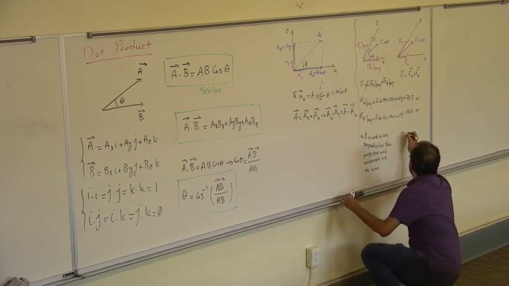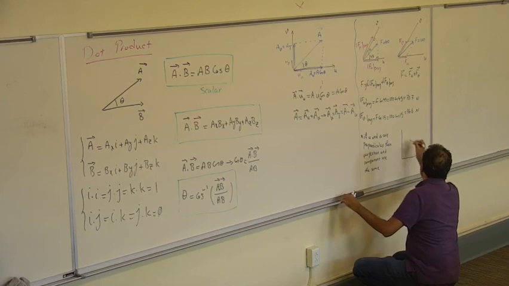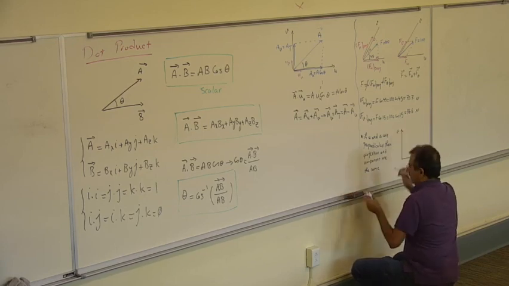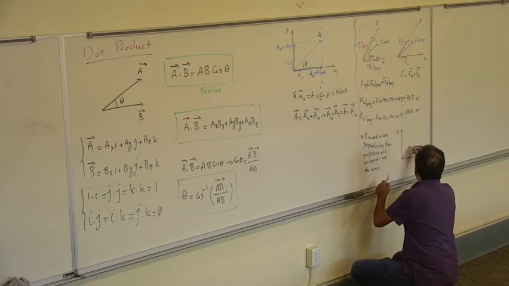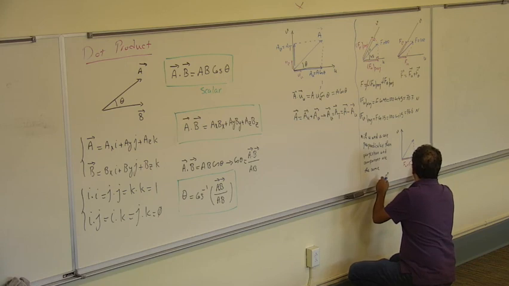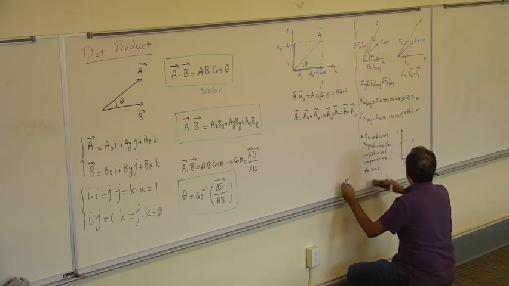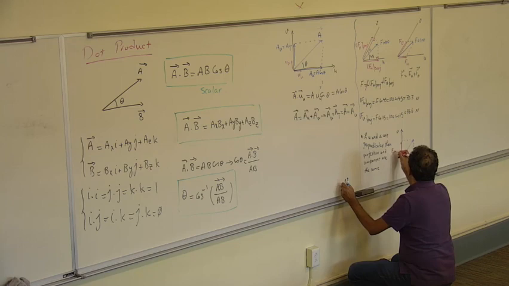So, in other words, if I have it like this, say U, V, and F, in that case FU would be the same as FU projection, and FV would be the same as FV projection.